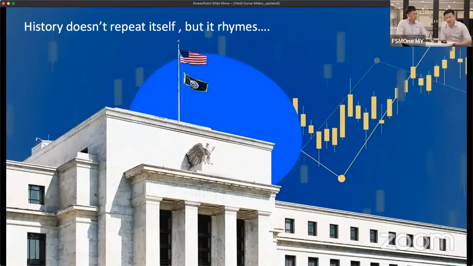When people say Jerome Powell is behind the curve, they are saying that he is late to react, late to respond, and he has been keeping the interest rate too low for too long. This is what they mean by behind the curve. You should have acted faster to control the inflation, right?